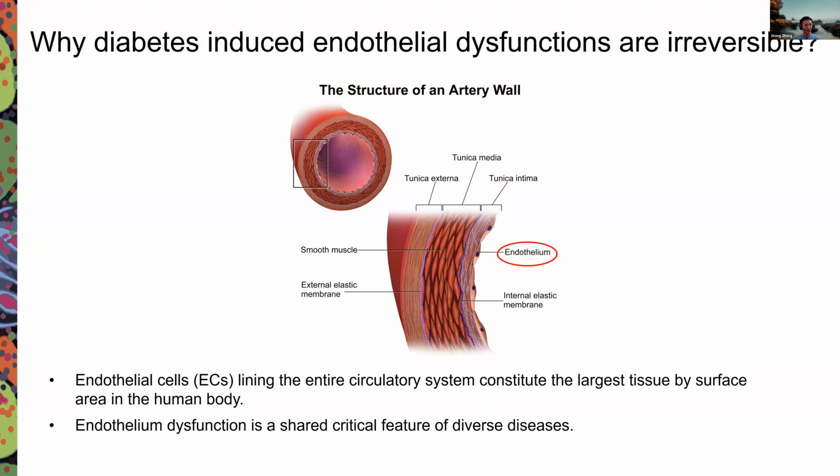The first question is regarding the blood vessel. Many of the type 2 diabetic patients suffer from symptoms not directly diabetes per se, but all types of symptoms arising from different organs.